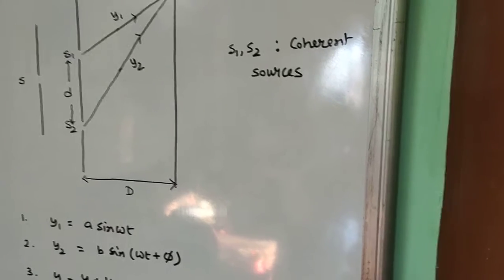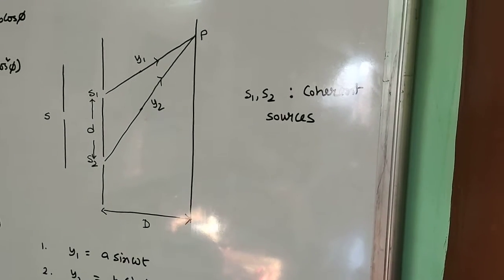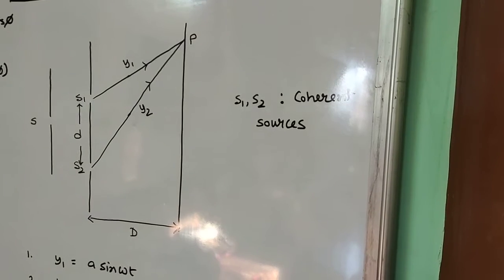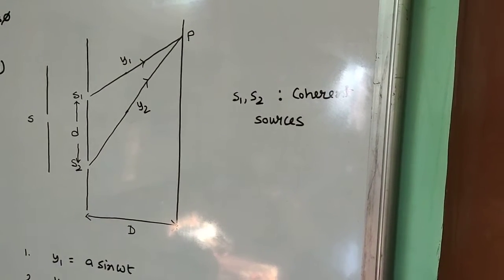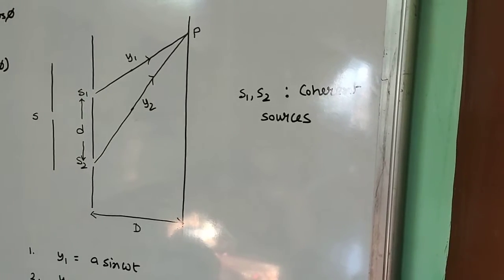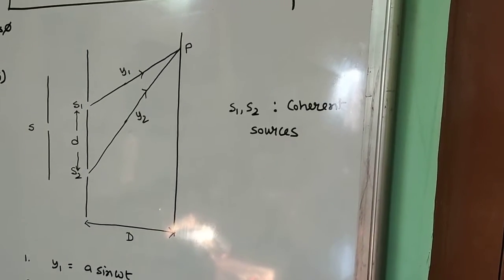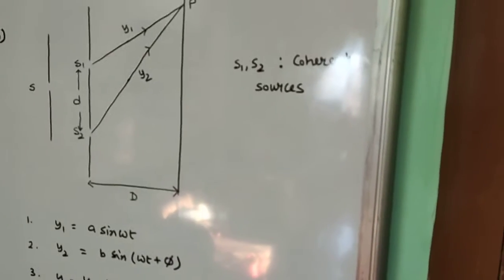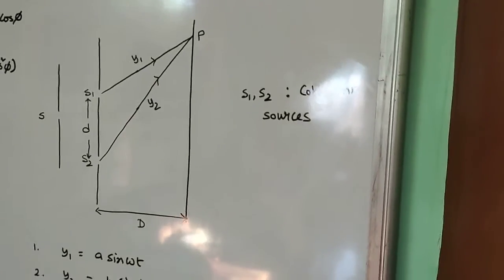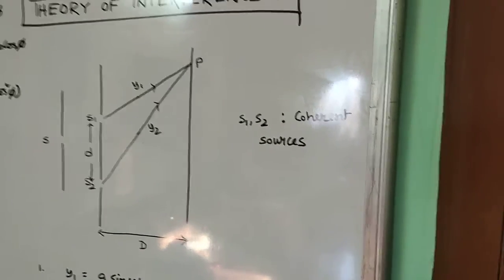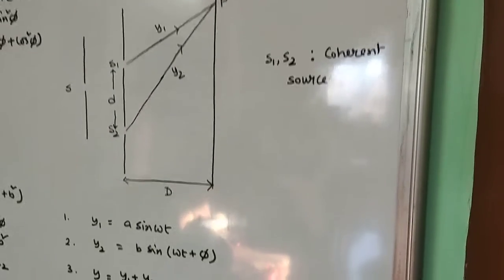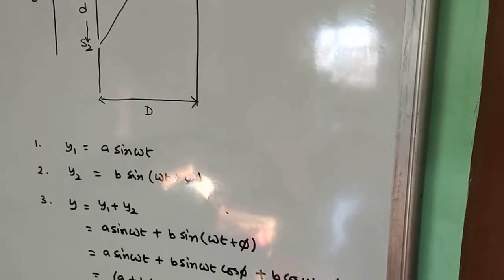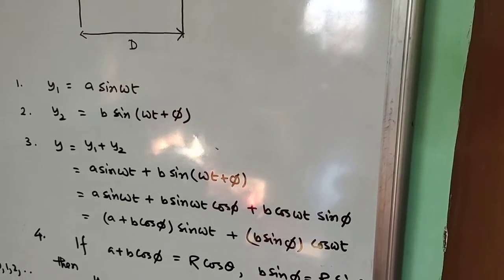Now basically Y1 and Y2 represent the displacement of the particle suspended in air when the disturbance from S1 and S2 strikes individually. Now what will happen? These two waves superimpose at P, and as a result the particle at P suffers a resultant displacement, and that resultant displacement is y equal to y1 plus y2.